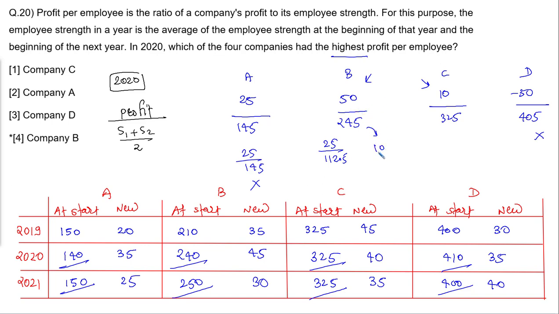So it is 10 divided by 325. So among these two, this one is not greater. This one is greater because the denominator is lesser over here. So the respective ratio is the highest for company B. So our answer is option 4.